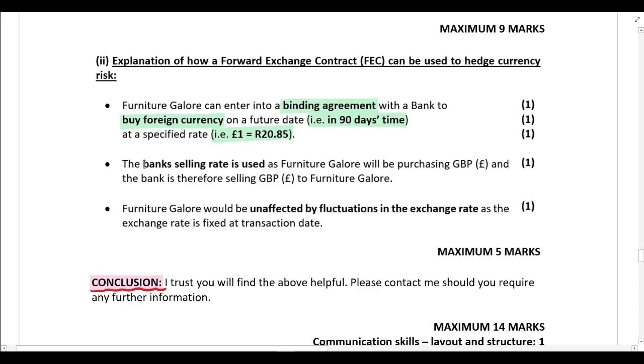It's important to note that the bank's selling rate is used because Furniture Galore will be purchasing pounds, which means the bank is selling pounds to Furniture Galore. As a result, they won't be affected by fluctuations in exchange rates because the exchange rate is fixed at transaction date. All right, guys, so that's what I was looking for in part B of the required.